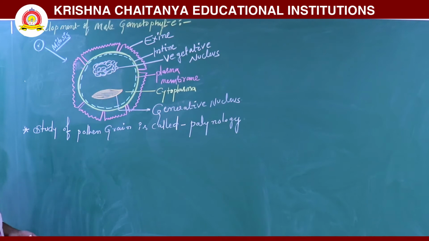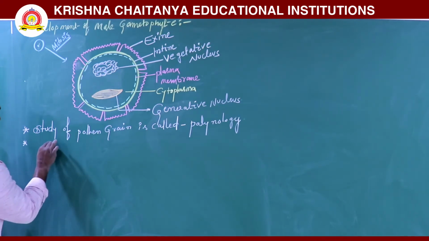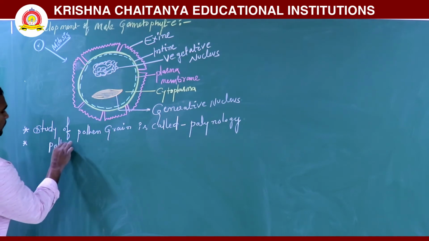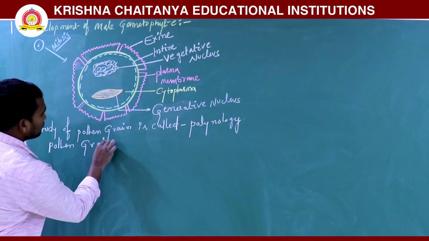So, palynology. Next, mainly, the wall layers. How many wall layers? This is the pollen grain.